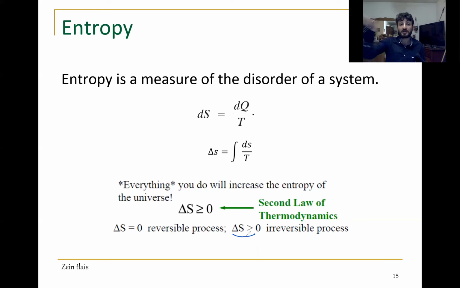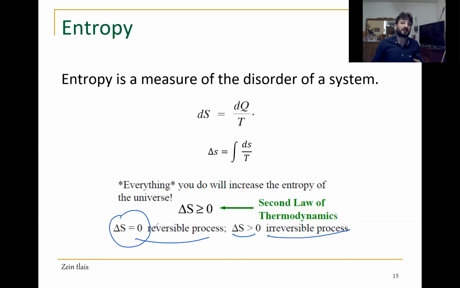We have one way of disorder for any motion of any system. So delta S must be strictly positive in the case of an irreversible process. In the case of a reversible process, like the Carnot machine, where we go back to the initial state when we complete the cycle, delta S must be equal to 0.